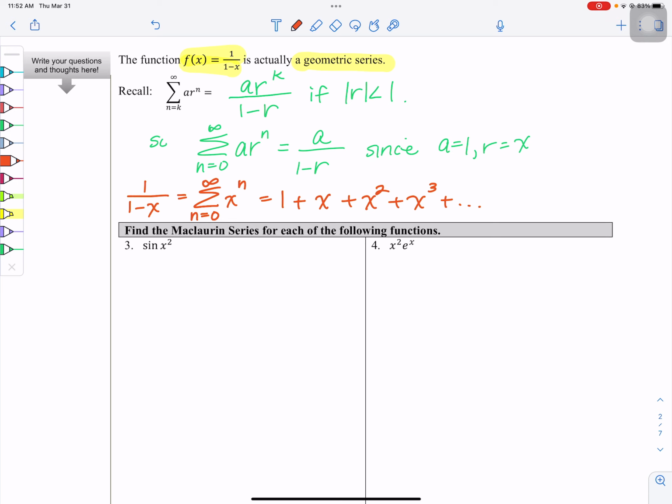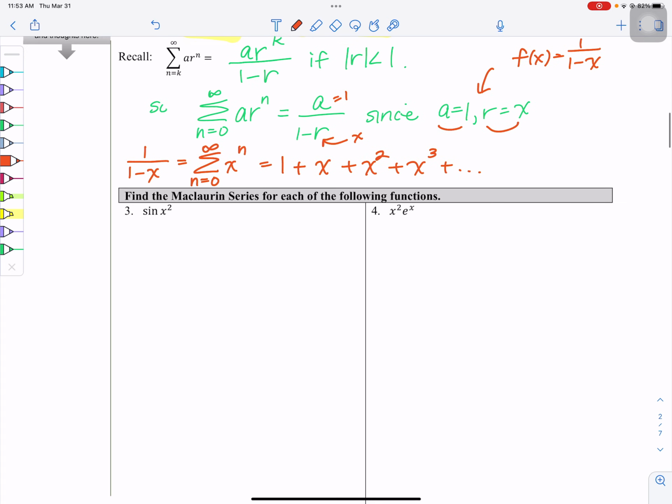This a and this r are for f of x equals 1 over 1 minus x. So this would be 1, and that's our x.